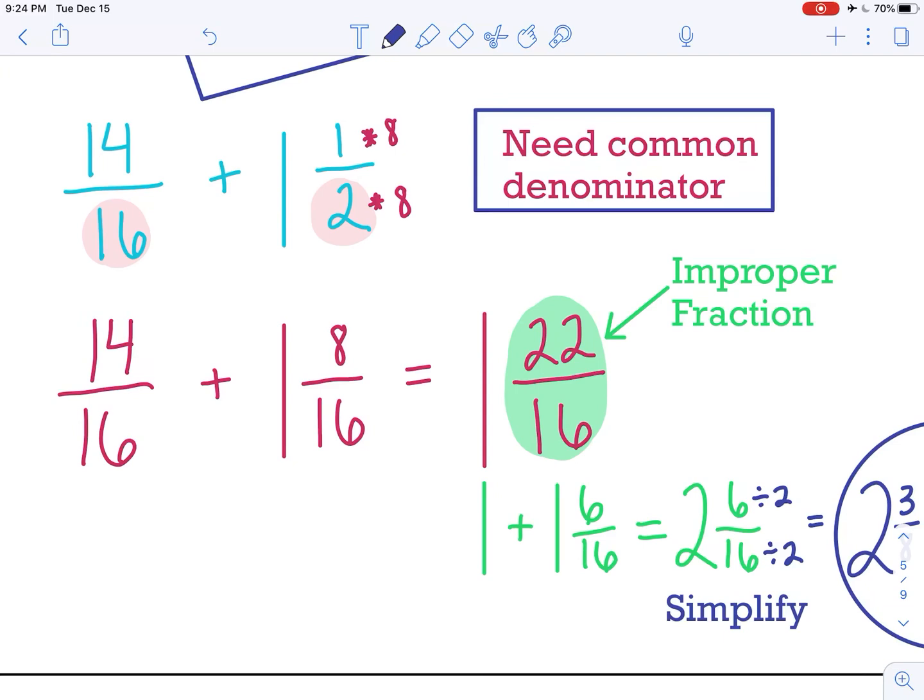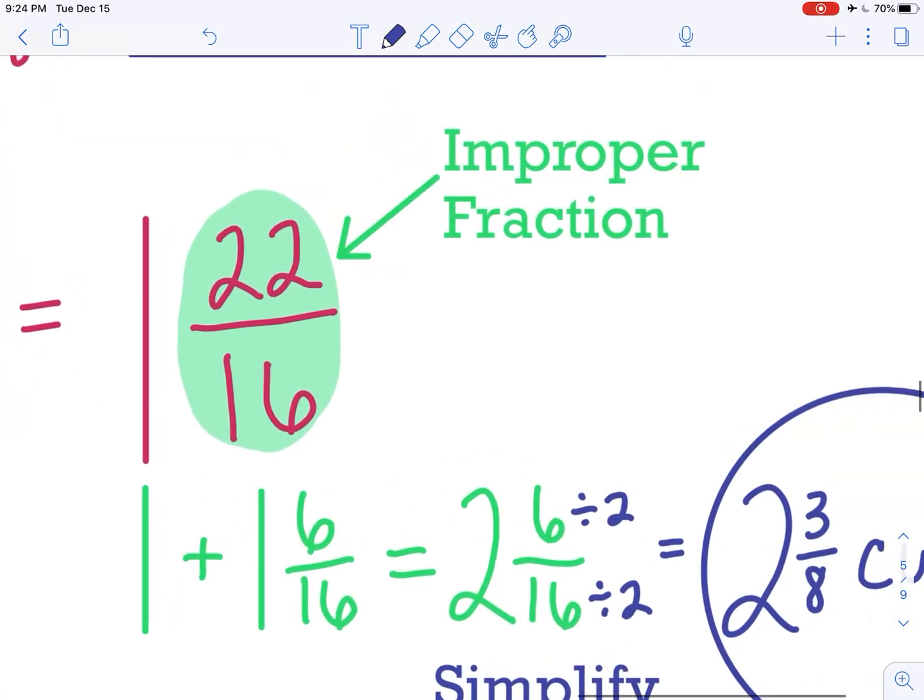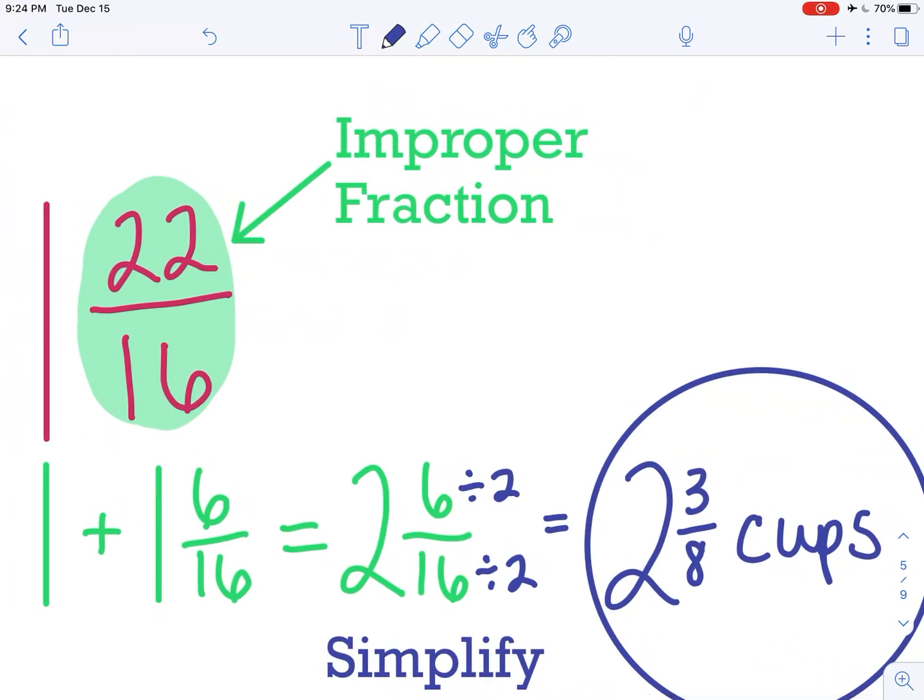You can see I did the 14 plus 8 gave me 22/16, and then the 1 whole just stayed the same. Now, when I look at this answer, 22/16 can't stay that way. That's an improper fraction. So 16 fits into 22 one full time, with 6 left over.